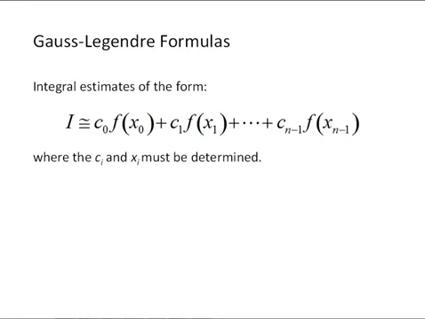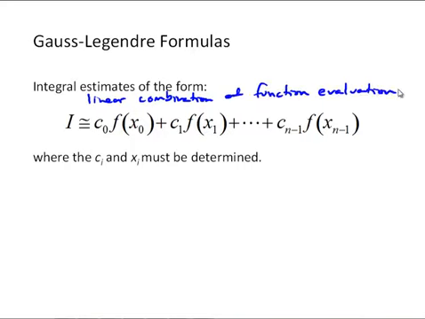The first thing we'll look at is the Gauss-Legendre formulas, which are a type of Gauss quadrature where we take integral estimates of the form I equals c0 f of x0 plus c1 f of x1, basically a linear combination of function evaluations.